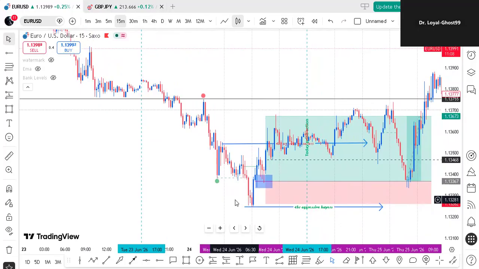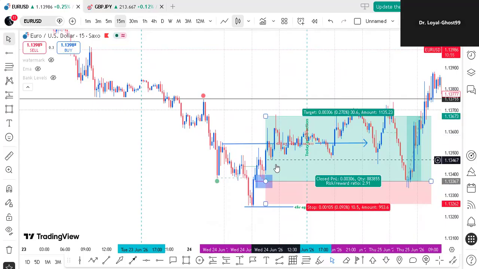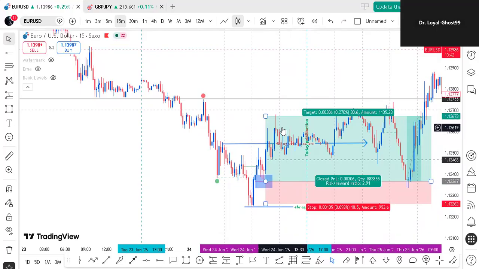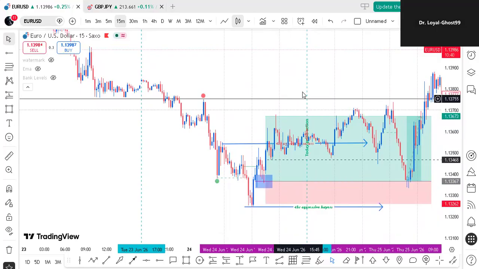We look at the market structure in the range for some opportunities, because price always does three things. Either it breaks out of the zone, retraces, and breaks the low, or it breaks out of the zone, comes back into the range, and shifts to the upside.